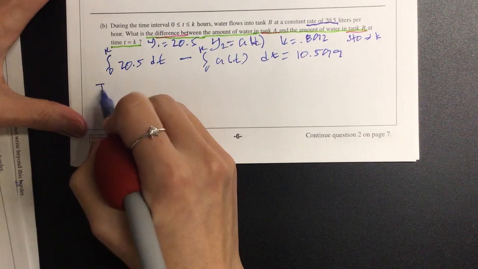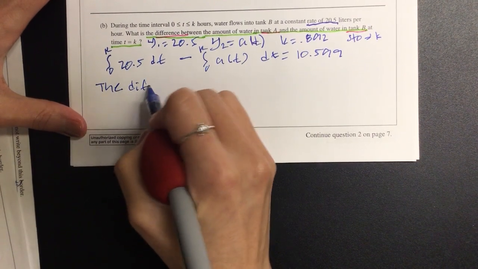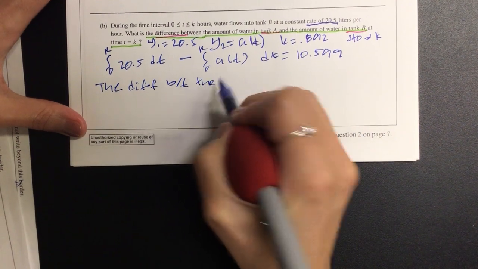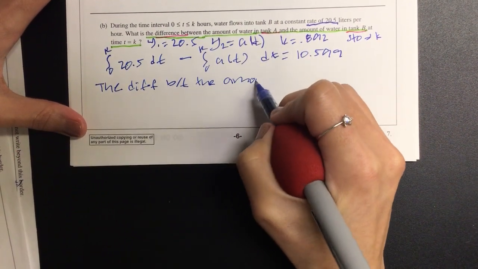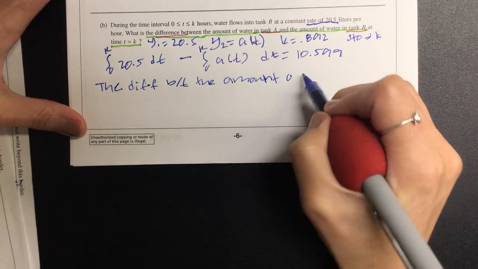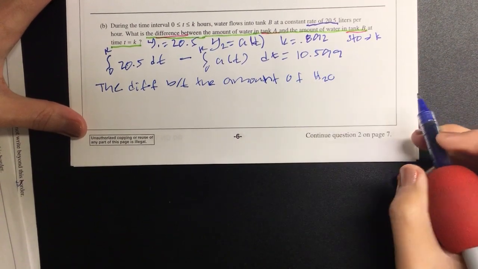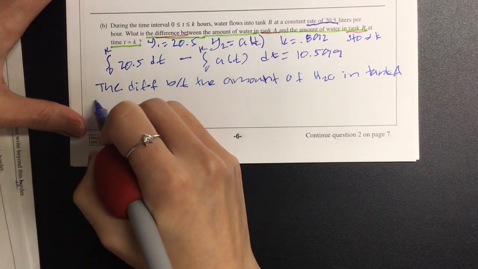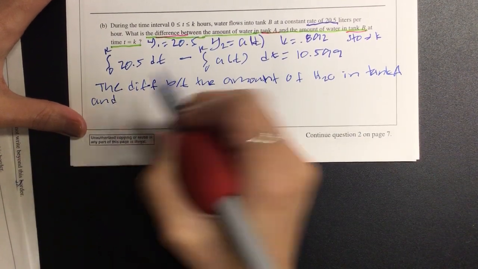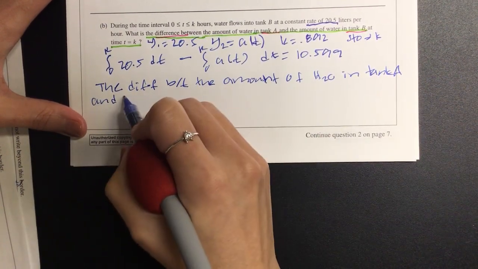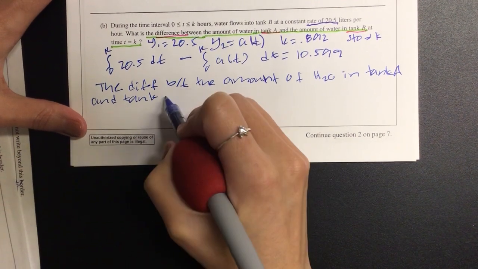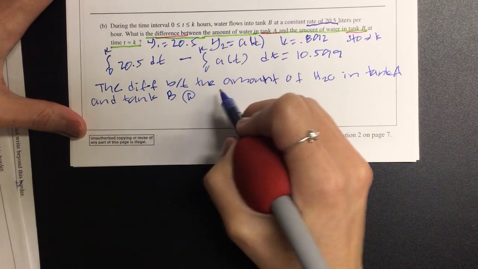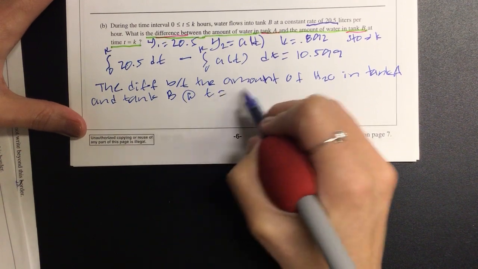Okay, the difference between the amount of water in tank A and tank B, kind of abbreviating it, but everything is on there, at time t equals k.